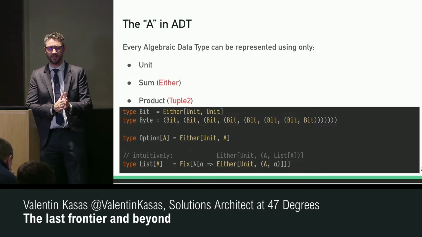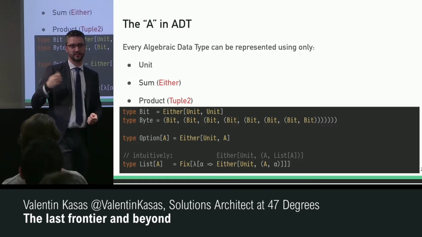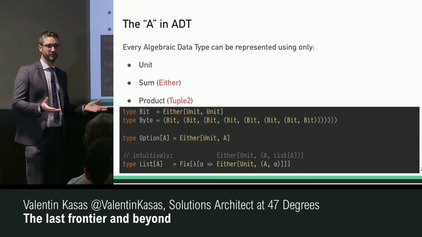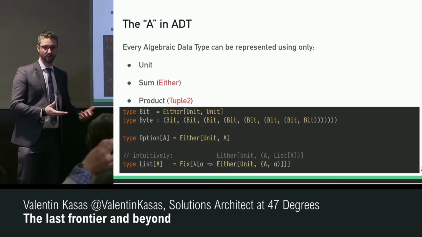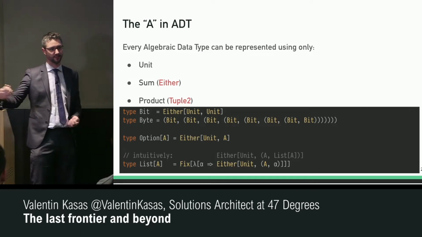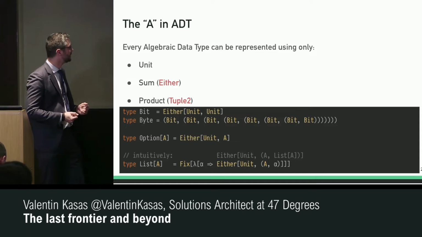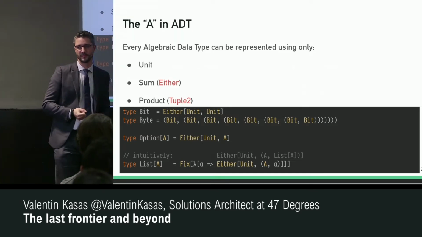So for example, if I were to define a bit, which is either 0 or 1, I could say a bit is simply Either of Unit and Unit. And to convince you that it can work, and that there is an isomorphism between Bit and Either Unit Unit, let's do a little bit of counting. Unit has only one inhabitant, it's unit.